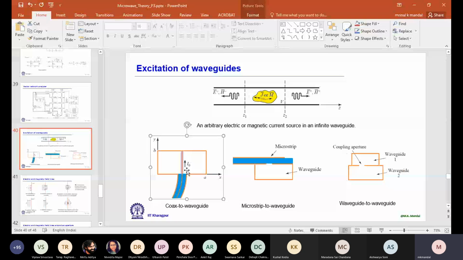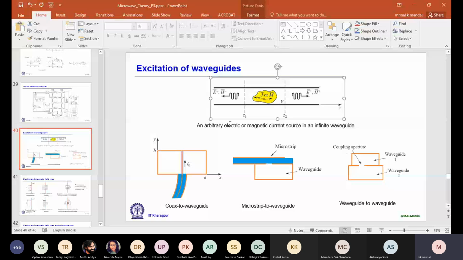This inner conductor is usually represented in the equivalent model by a current source I0, which excites this TE10 mode. So in general, inside a rectangular waveguide in this first figure, we may have a current source.